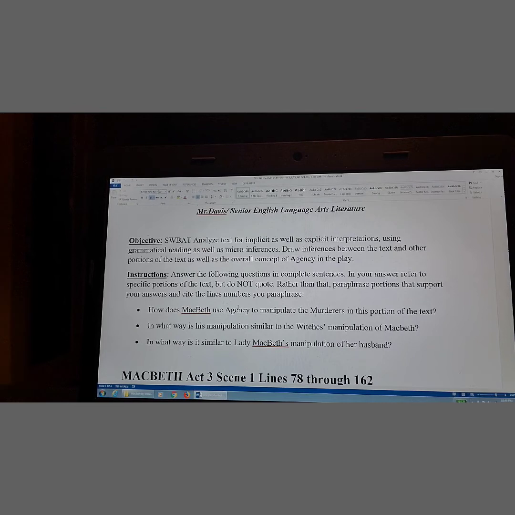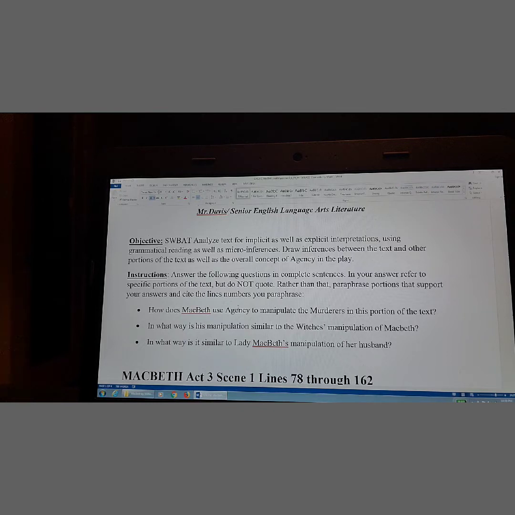None of this exists in isolation. So what's happening here is going to be related to the previous parts as well as later parts. So then understanding how those parts are related in terms of different types of relationships with inferences, cause and effect, reasons and conditions, providing motivation, all these types of things, right? Okay, as well as the overall concept of agency, and again, agency being the subject of agency, the object of agency.